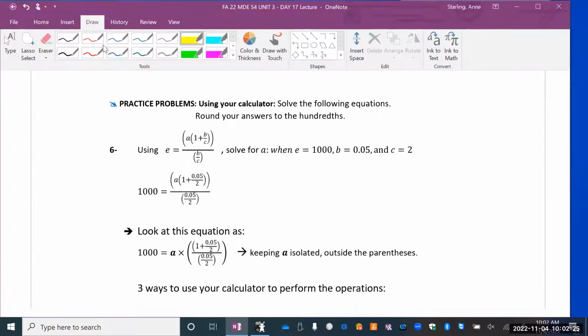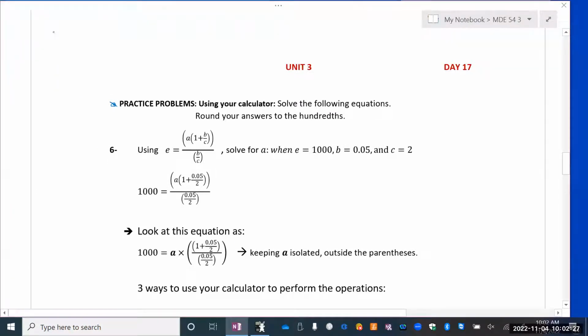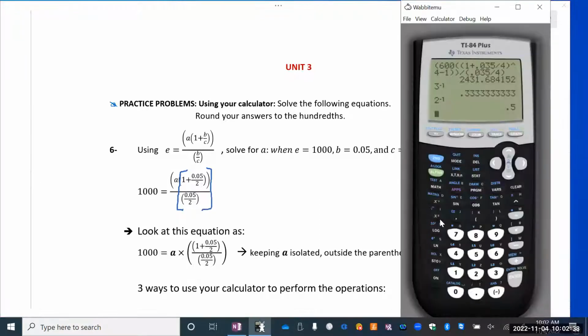So on this one, I'm going to put E here. E is 1,000, and then we've put everything in. So what we could do is put all of this into the calculator. So 1 plus 0.05 divided by 2.